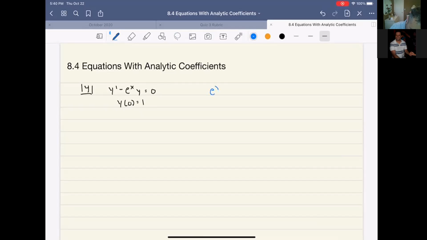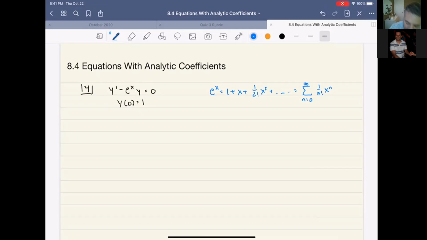So e to the x is 1 plus x plus x squared over 2 factorial. So that's equal to the sum, let's say n goes from 0 to infinity, 1 over n factorial x to the n.